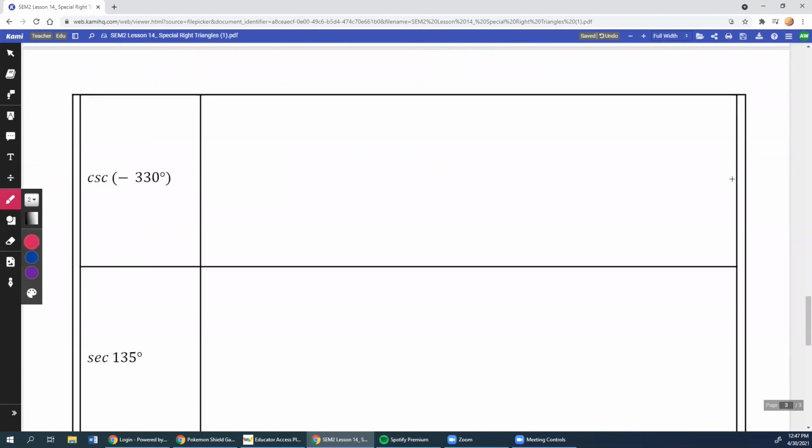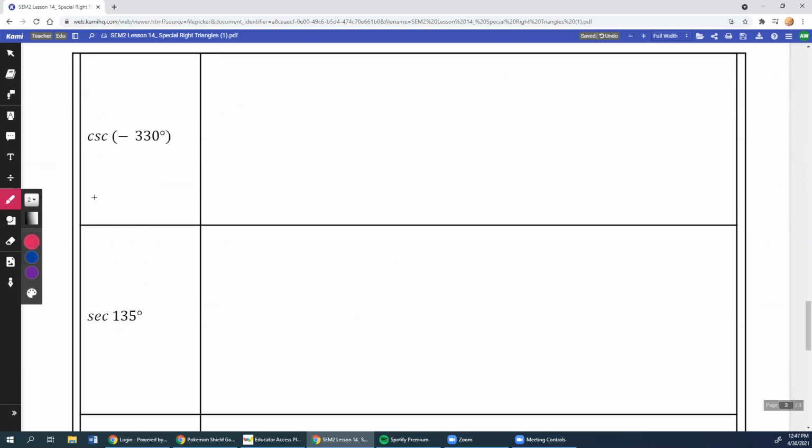All right, we have 3 more to go, and now we're doing reciprocals. Cosecant of negative 330. So remember, cosecant is hypotenuse over opposite. We have a negative 330. So negative 330 is going to put us in quadrant 1.